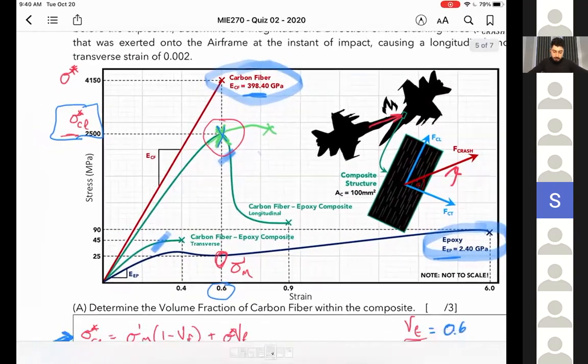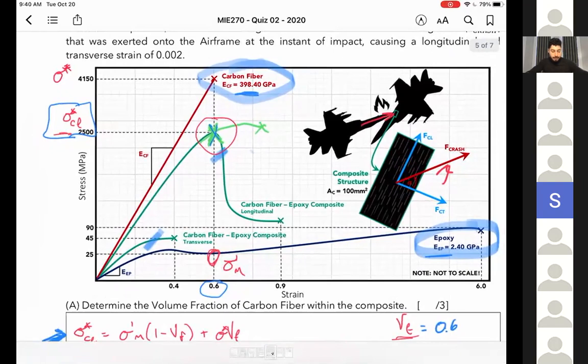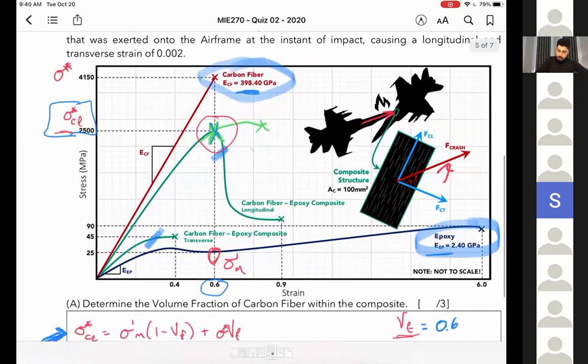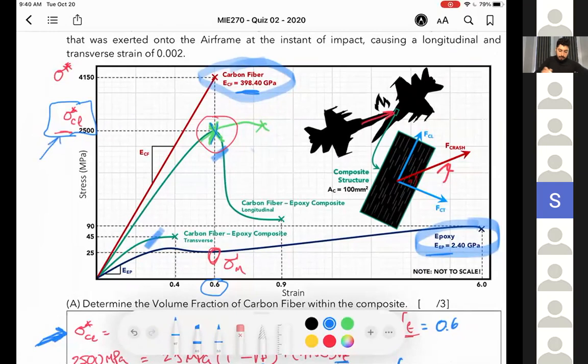So that value there, sigma star CL, that is the stress at which the onset of failure in the composite occurs, right? Yes. So we can't use that in that problem per se, because that's where plastic deformation starts. So we need something before that, but we don't know anything before that. Yes, that is absolutely correct.